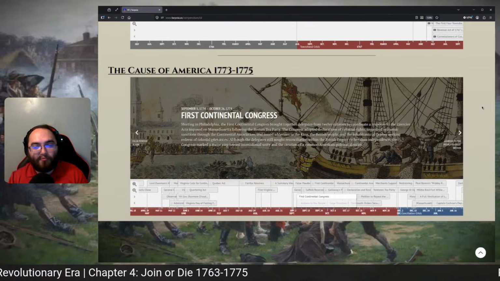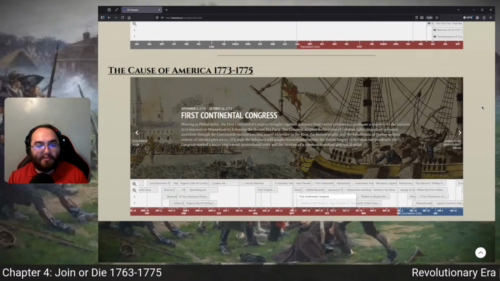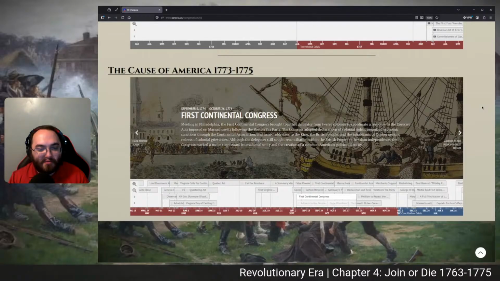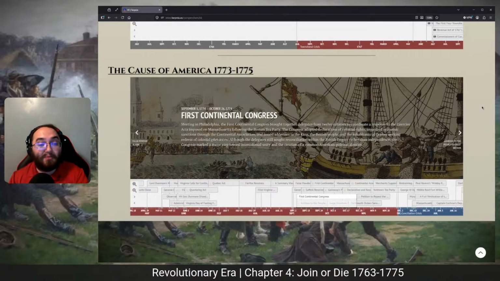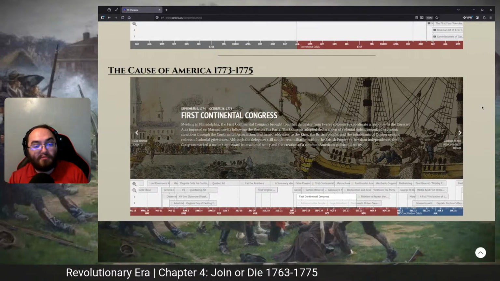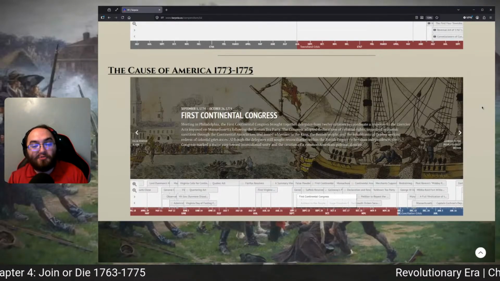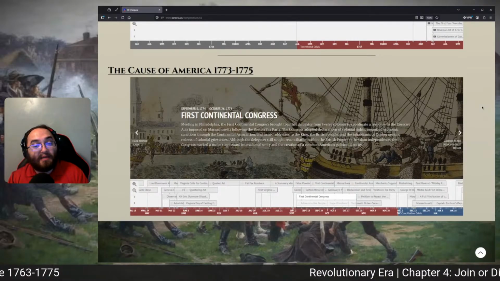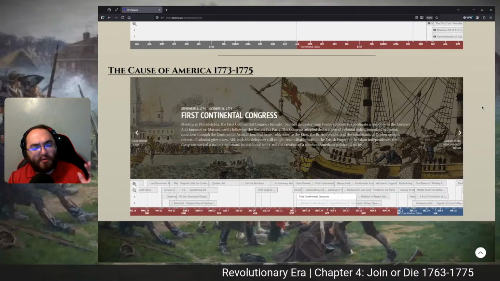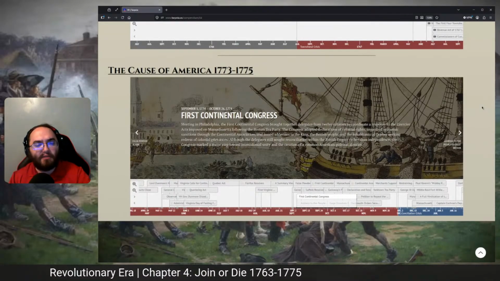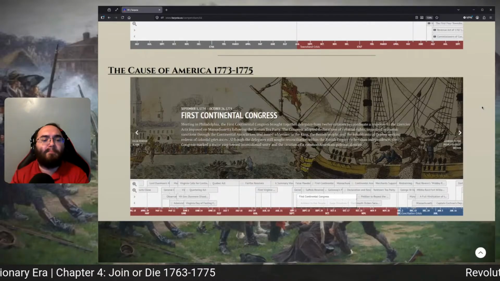It is the home of the Carpenters' Company in Philadelphia. They are the people who actually built Independence Hall, and so it's interesting to see that connection, because during this time, Independence Hall is the capital of not only Philadelphia, the city, but Pennsylvania, the colony.